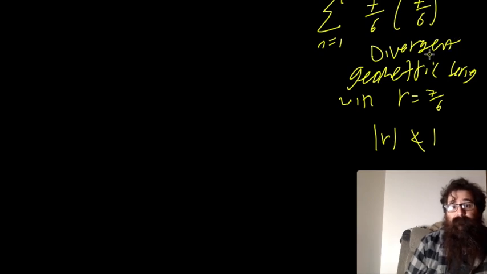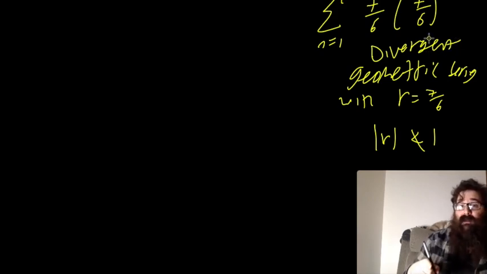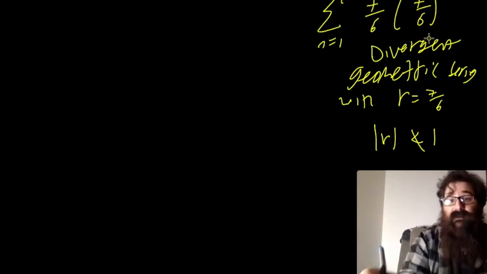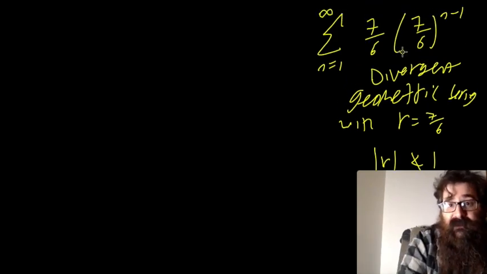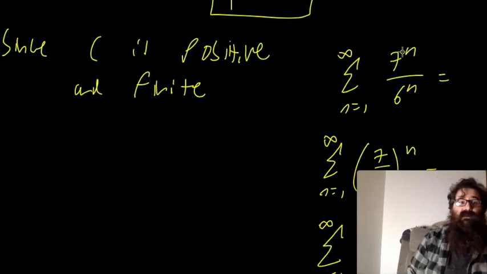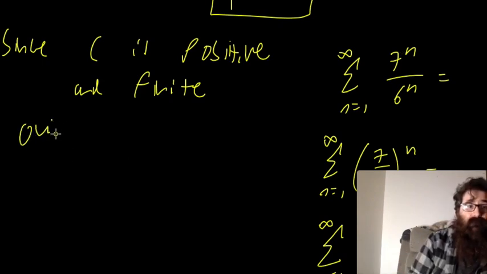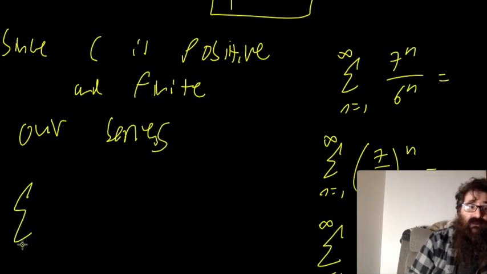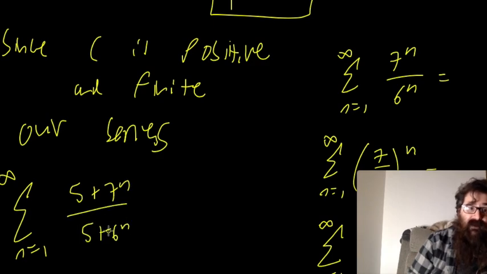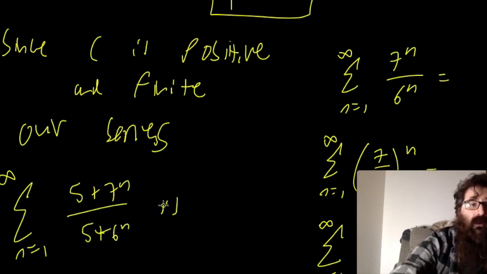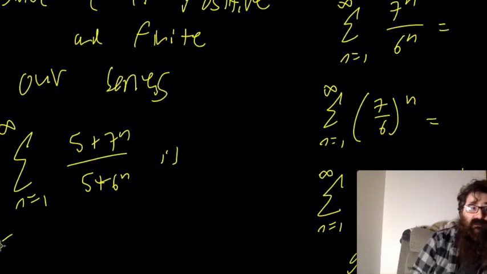Now with limit comparison test, we're saying both series behave the same way. Since my comparison series in limit comparison test is divergent, this means our original series, which was the sum from n equals 1 to infinity of 5 plus 7 to the n over 5 plus 6 to the n, is also divergent.